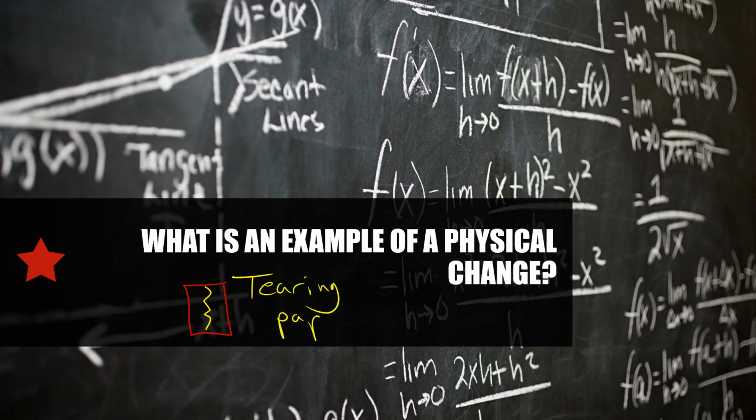It is still paper, but it has a different shape and size. And things like shape, size, color, those things are just physical properties. So that's my example. Feel free to make up your own example. But again, a physical change is going to be a change in physical properties.